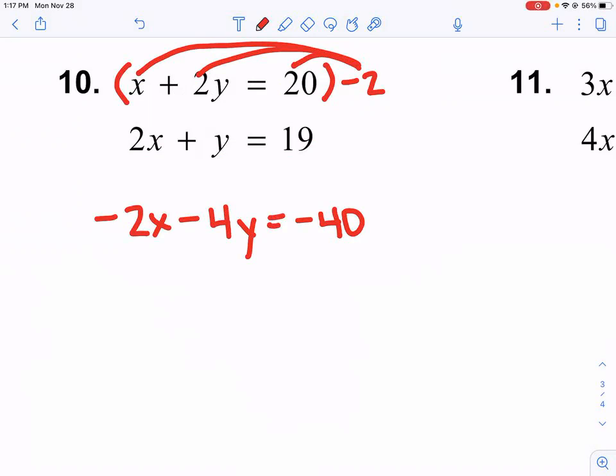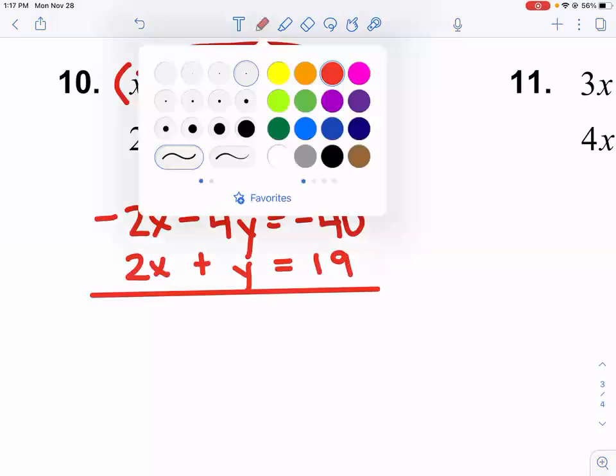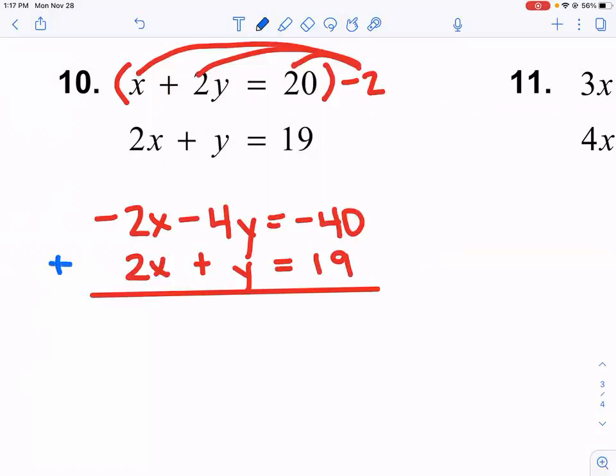That's beautiful, isn't it? Okay, so now watch this, Colin. Now I'm going to rewrite my second equation. Look, my x's are now opposites.